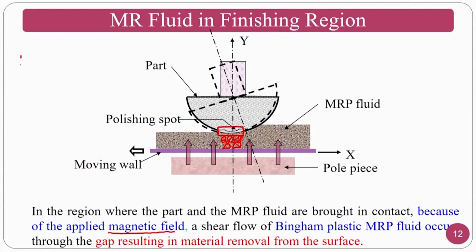The best example of this in daily life is your toothpaste. In Bingham plastic fluids, up to a certain stress it won't flow, beyond which it starts flowing. So, this is how shear rate versus shear stress looks. You have to apply a certain stress, and only then will the thing start moving. If you want to put paste on your brush without pressing, it may not come.